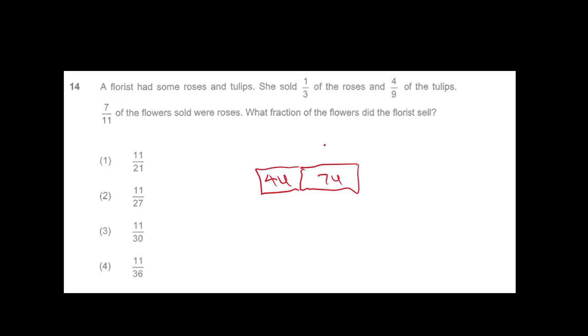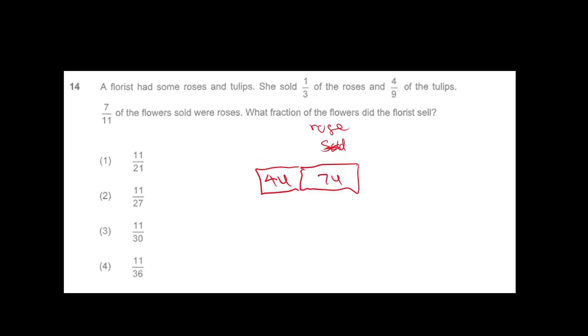So this is the number of flowers that is sold, 7 units and 4 units. Sorry, this should be roses. 7 out of 11 flowers sold were actually roses. So these are the amounts that are sold.